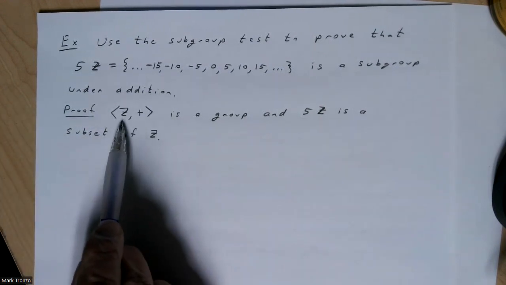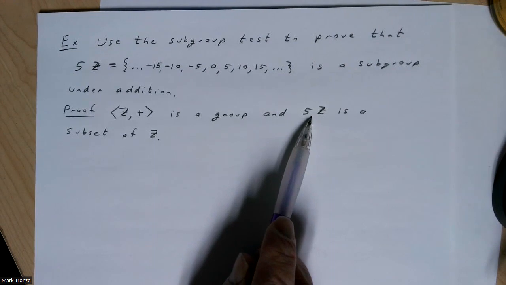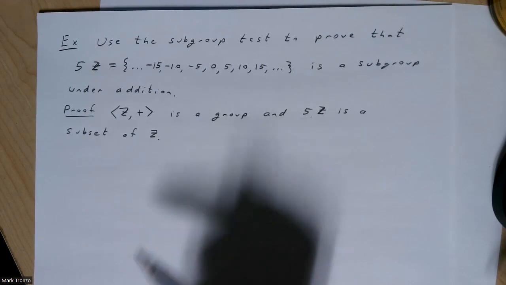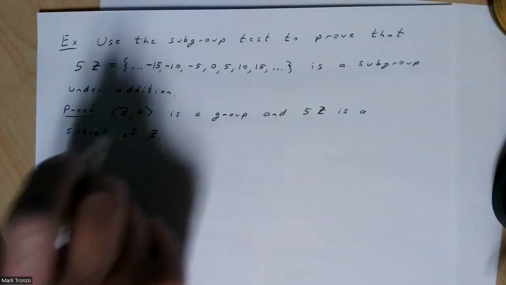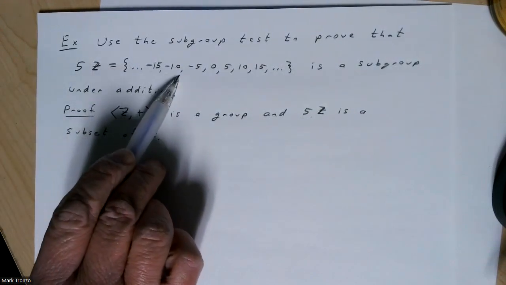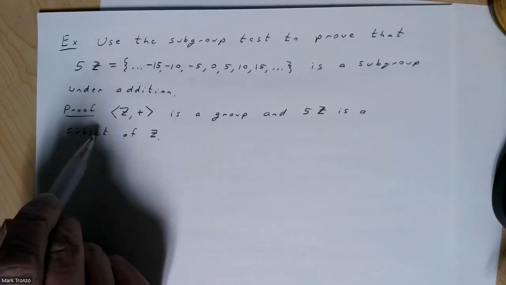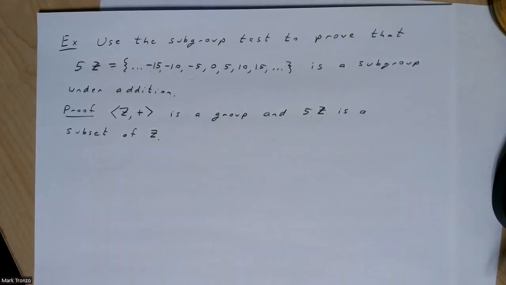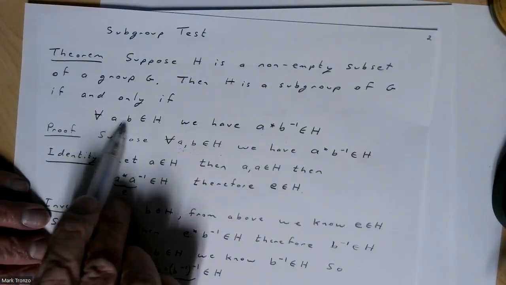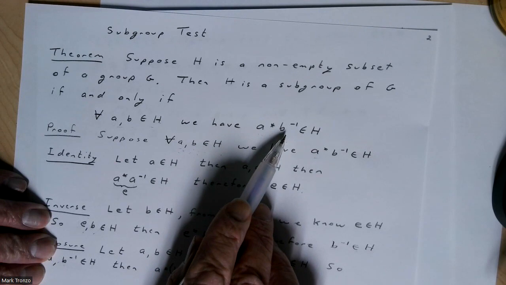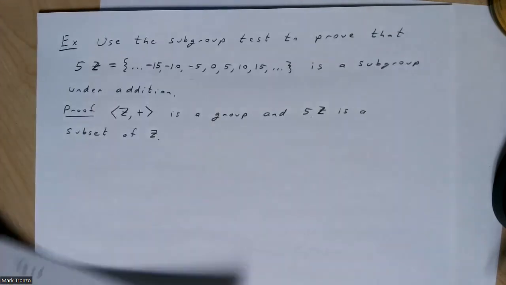Remember, before we proved that this was a group, and now 5Z is a subset of Z because it's just every fifth integer. And the typical element will be like 5 times some integer. And so we want to use the subgroup test. We need to show that for all A and B in the subset, we have A star B inverse is in that subset.